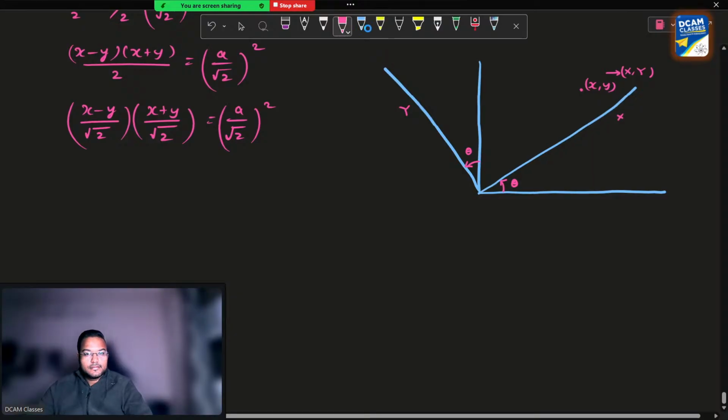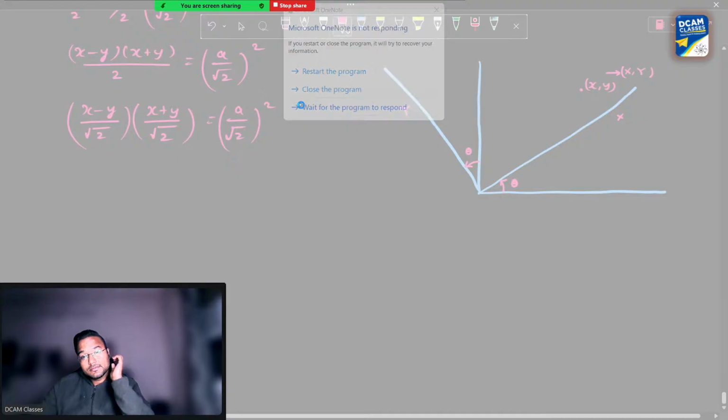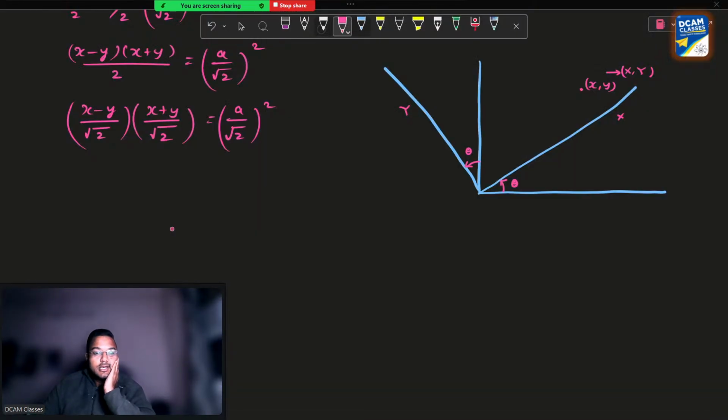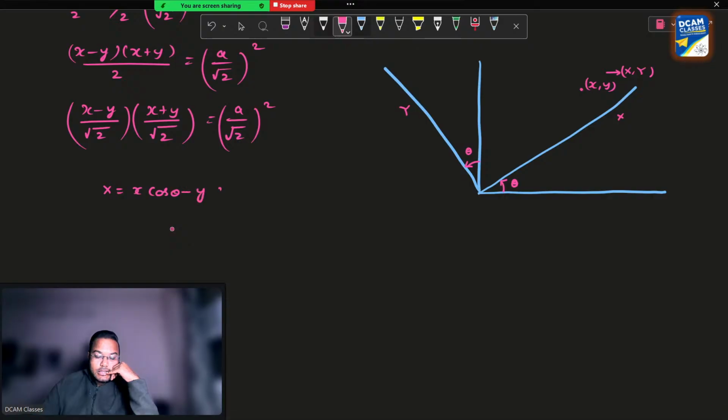No, sir. But I'll tell you the formula. When you go through the previous concepts, straight lines, you will remember. Capital X was equal to x cos theta minus y sin theta.